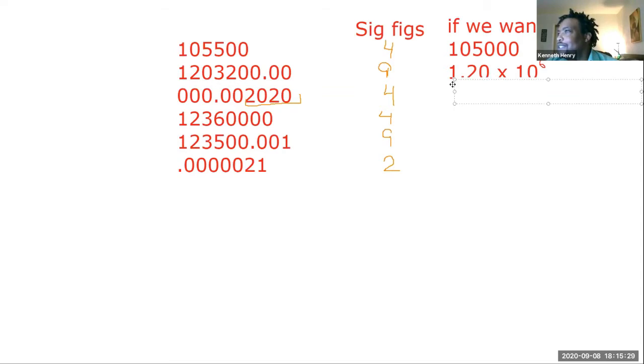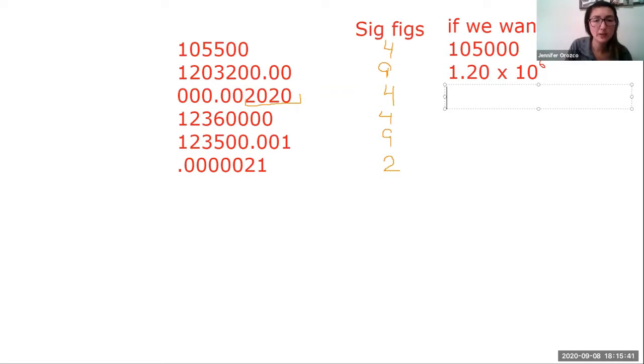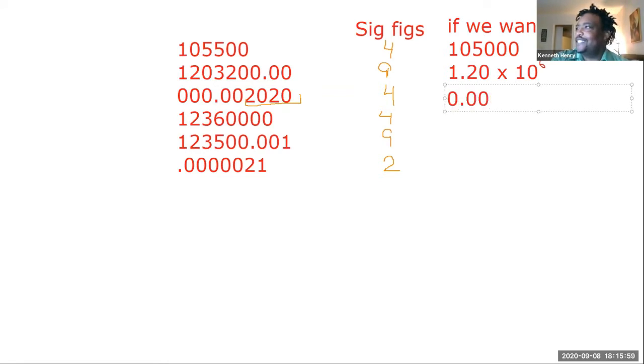What about the next one? Would it be 0.00202? That's a bad example, isn't it? 0.00202.